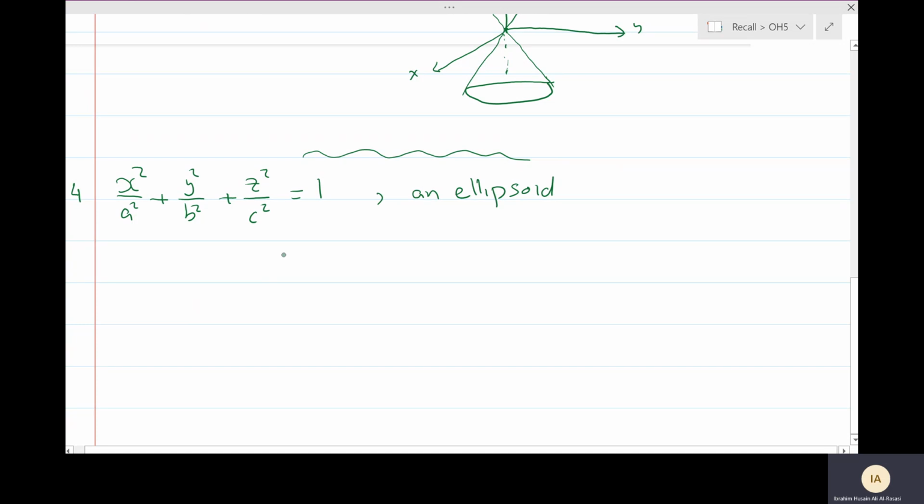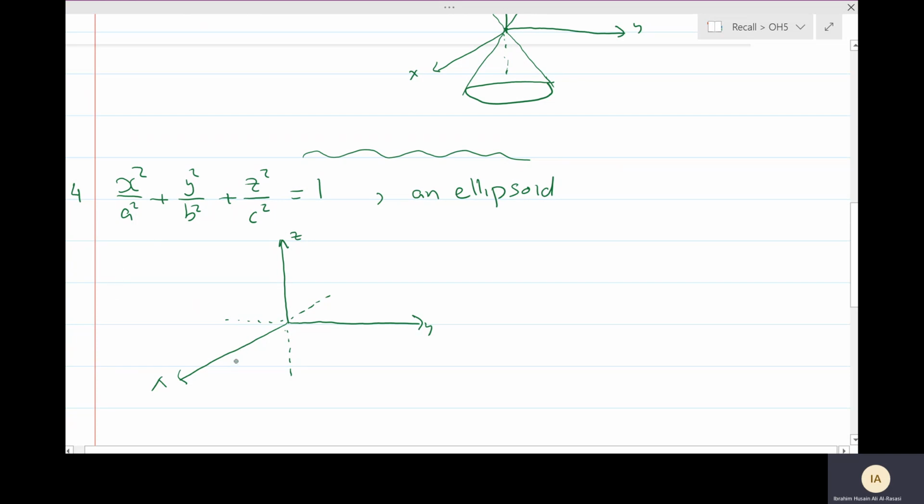So let me do the following here. This is x, this is y, and this is z. What is the x-intercept? You set y and z equal to 0, and you get x equals plus or minus a.